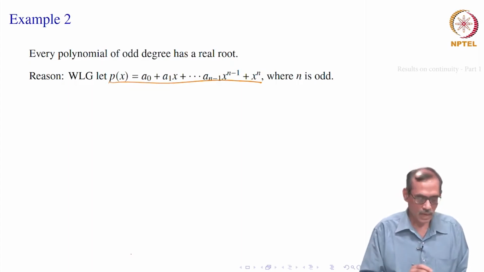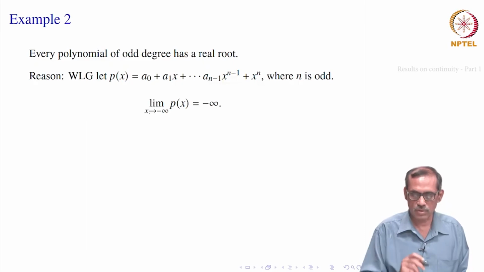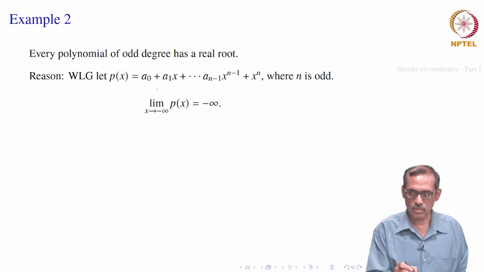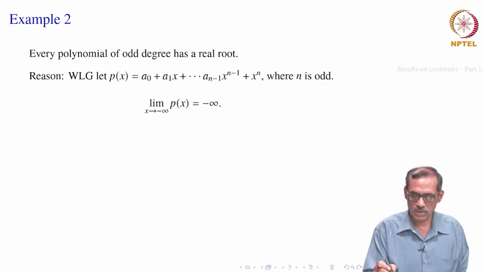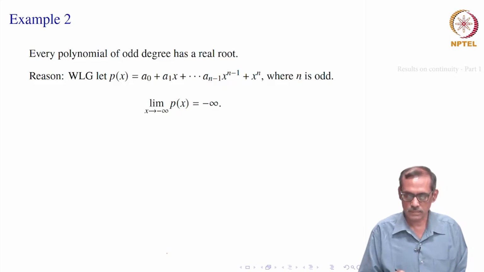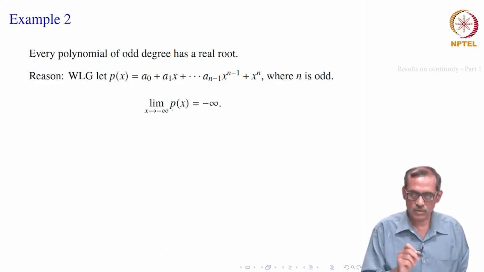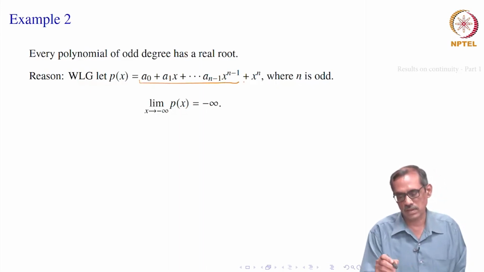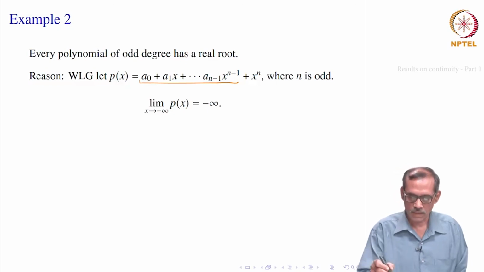Okay. Now, if I take the limit of p x as x goes to minus infinity, what happens there? When you take p x, it is x to the power n plus a n minus 1, x to the power n minus 1 and so on. Okay. So, as x goes to minus infinity, really I take x bigger than these coefficients, mod a 0 plus mod a 1 plus all the way to mod a n minus 1. Then this term x to the power n will dominate all the other terms.